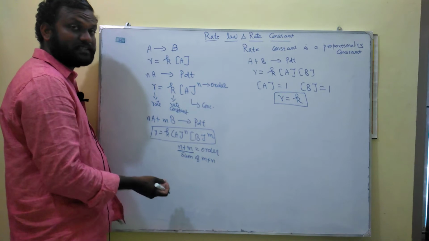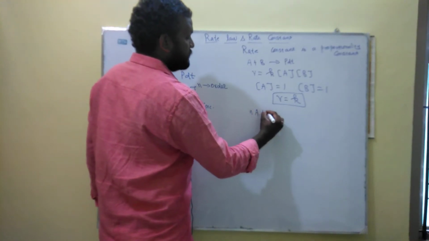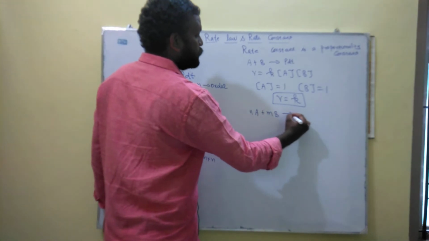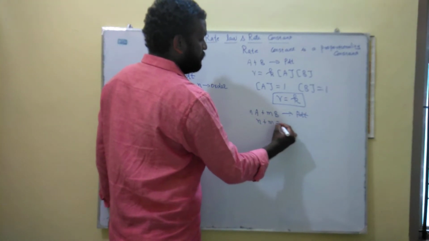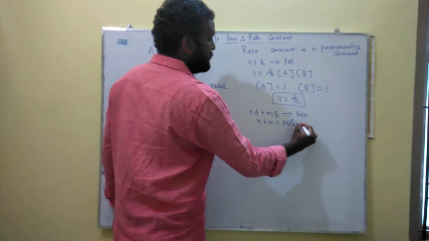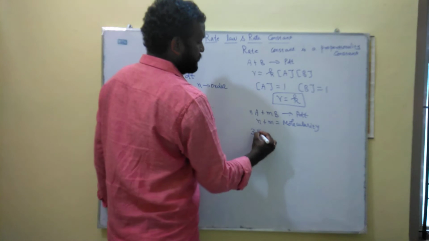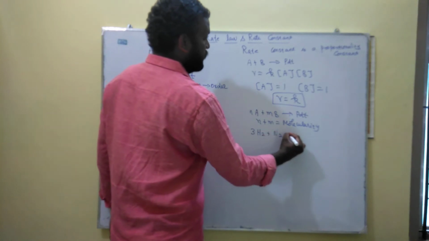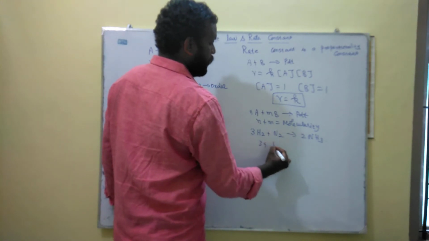But molecularity is different. For example, nA plus mB gives product. This n plus m is the molecularity. This is the balanced chemical reaction. Suppose I write the balanced chemical reaction, 3H2 plus N2 gives 2NH3. Here 3 plus 1 gives 4.